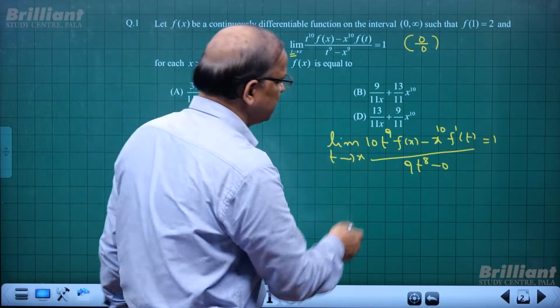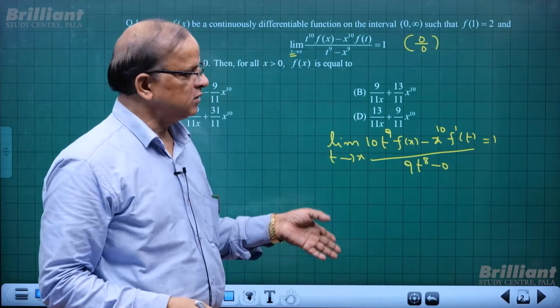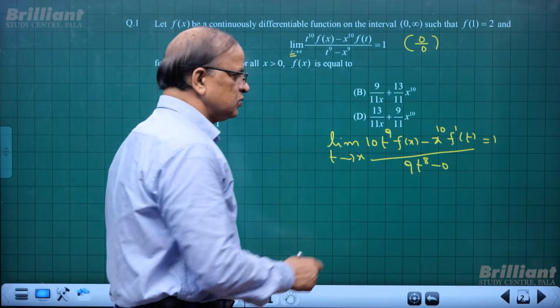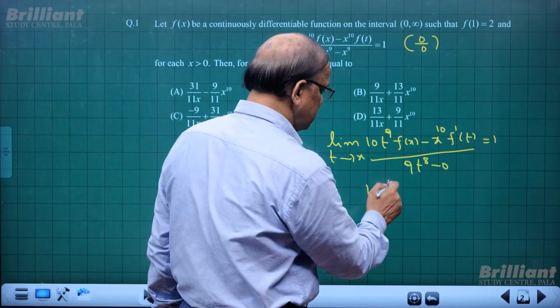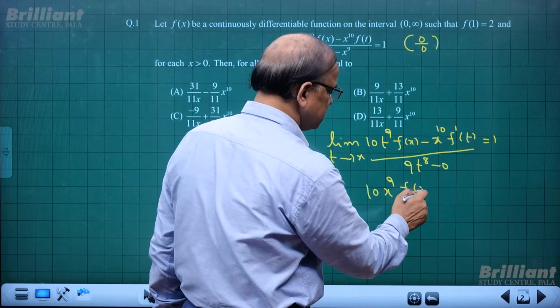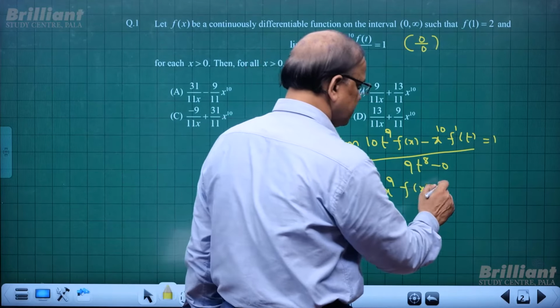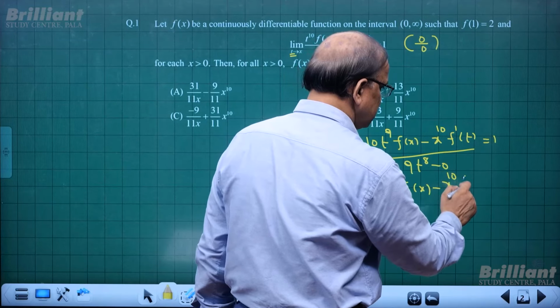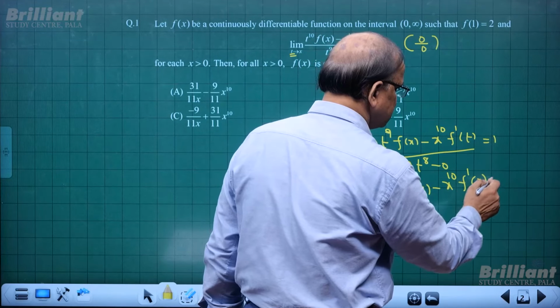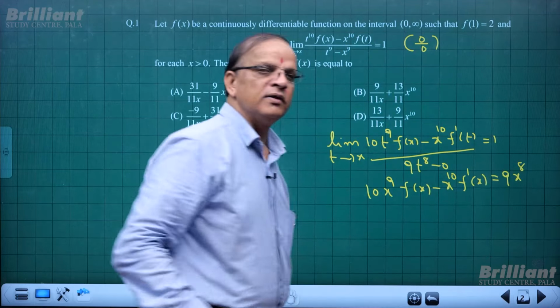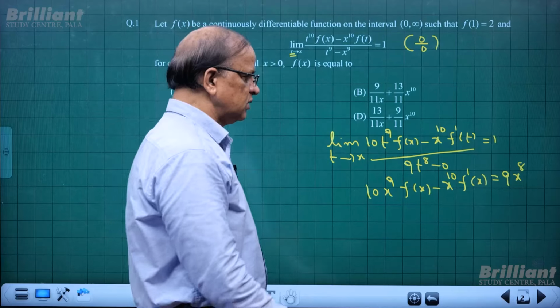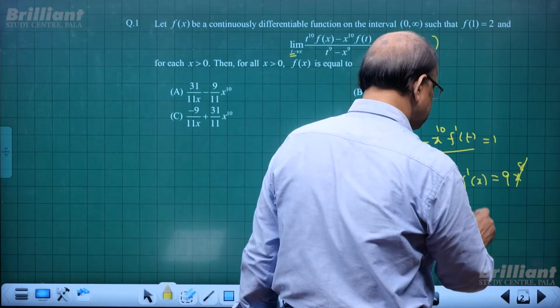Now apply t is x. Now it is not 0 by 0. So we get 10 x power 9 f(x) minus x power 10 f dash x is equal to 9 x power 8. Cross multiply, so x power 8 you can cancel.